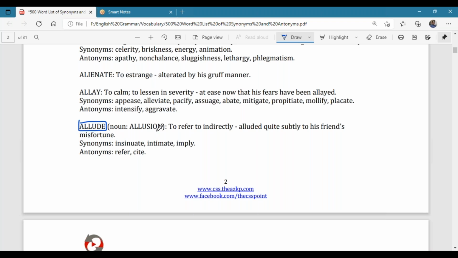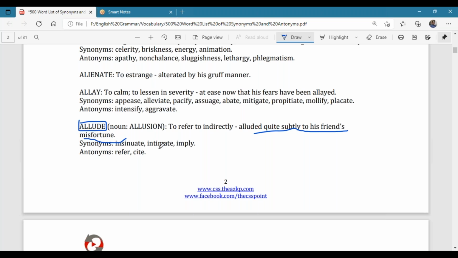To refer to indirectly, as it is mentioned here, alluded quite subtly to his friend's misfortune. That means indirectly he is responsible for his friend's misfortune. That's what it means to say. He led his friend to misfortune indirectly, not directly. Imply, suggest, mention, cite, to make an indirect reference: hint, imply, indicate, intimate, suggest.